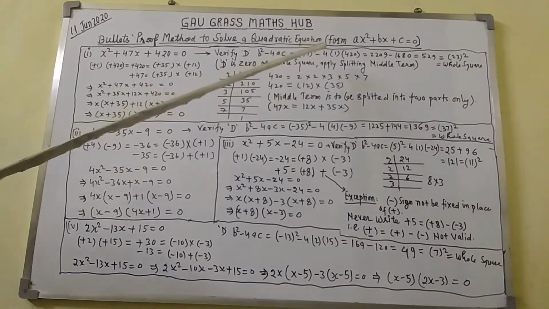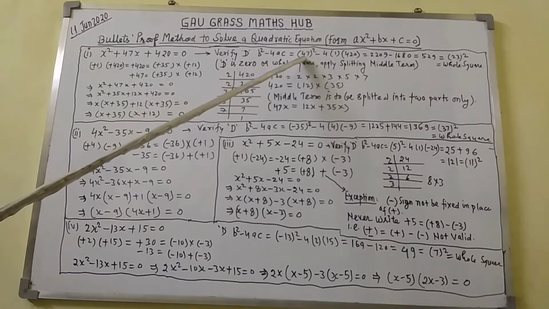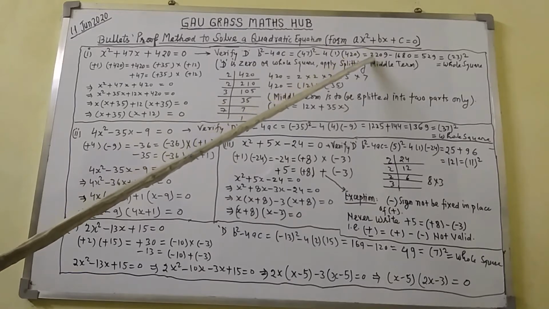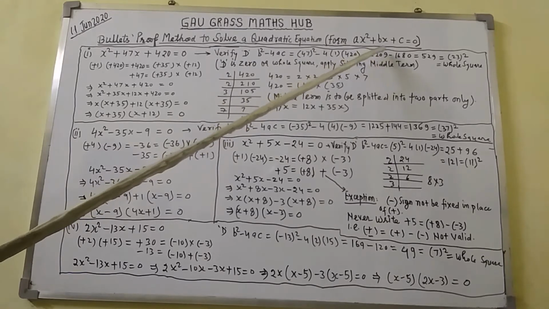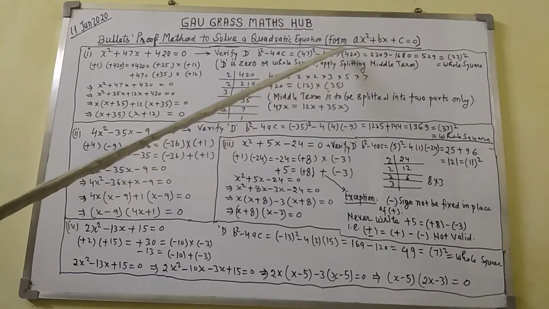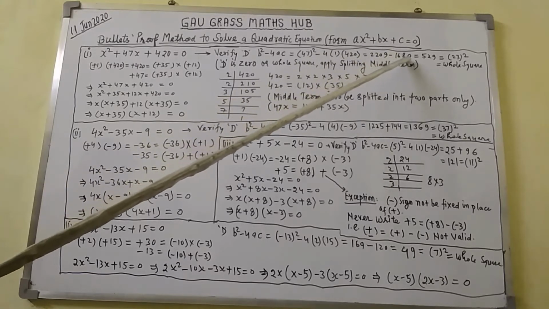Now do the mathematical calculation here. You will get 47 whole square, it comes out to 2209 minus. Now here, since the minus sign is there, put the minus sign. Now 420 will get multiplied by 4, it comes out to 1680.